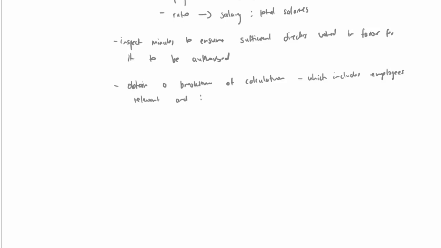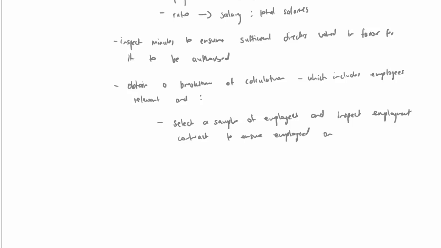And first and foremost, select a sample of employees and inspect their employment contract to ensure that they were employed on 1 June 2019, and then for the sample, inspect the 30 June 2020 payroll to ensure that they are still employed.